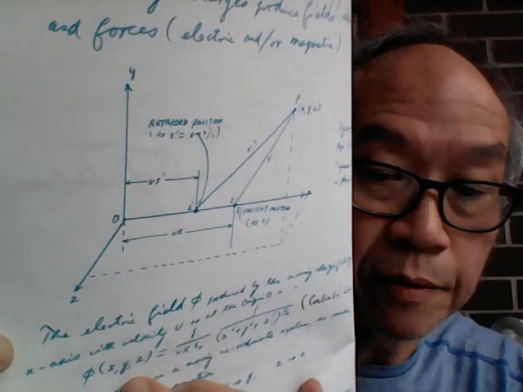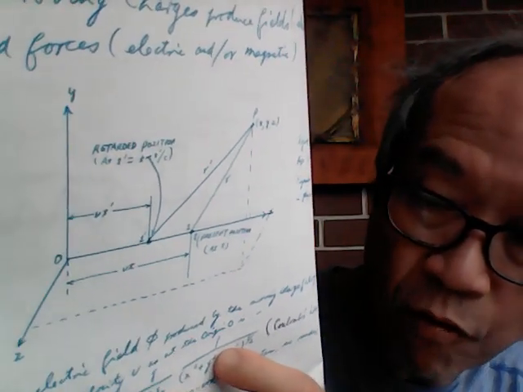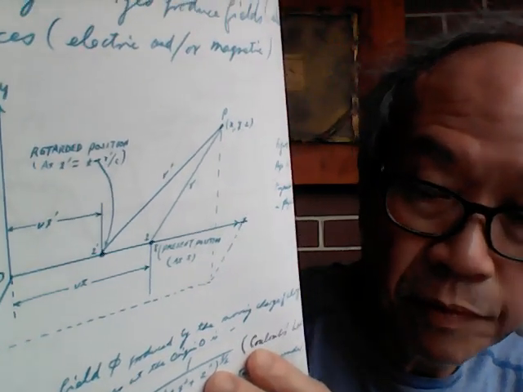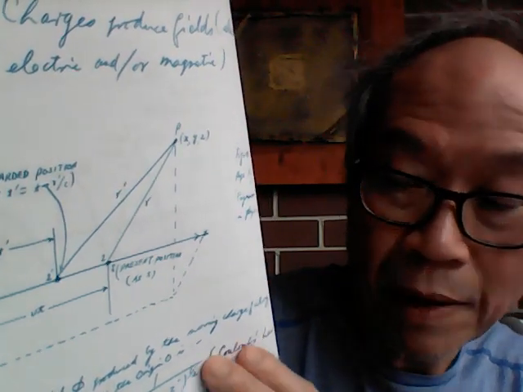Then it will produce an electric field, represented by the Greek letter phi. The magnitude of phi at the point x, y, z is equal to the charge divided by 4 pi epsilon naught, times 1 divided by x squared plus y squared plus z squared to the power 1 over 2.